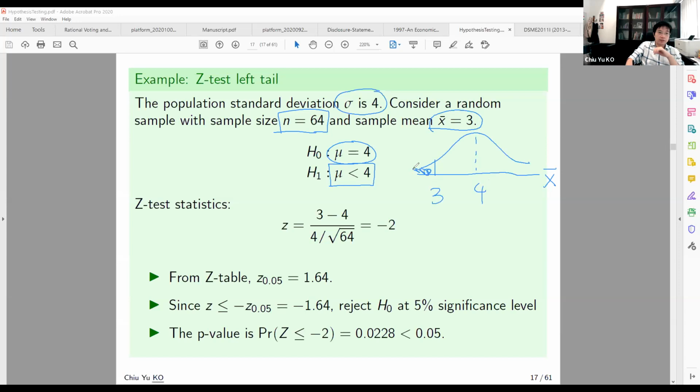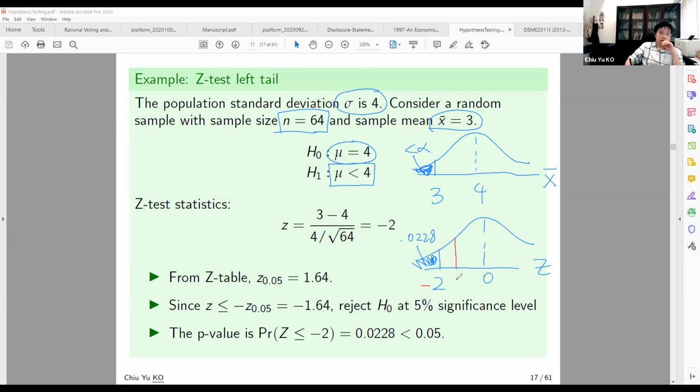Is this area small enough, less than alpha, less than 5%? We figure out the z, this is 0 and this is 2, and we know that this is less than 5%. It's 0.0228.